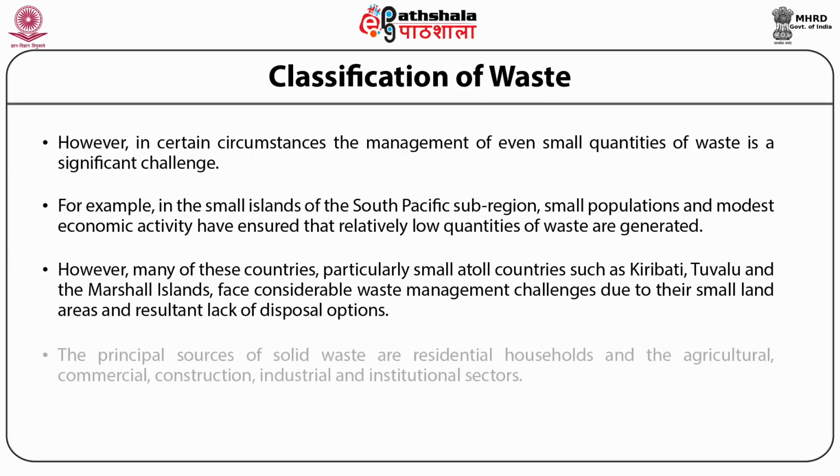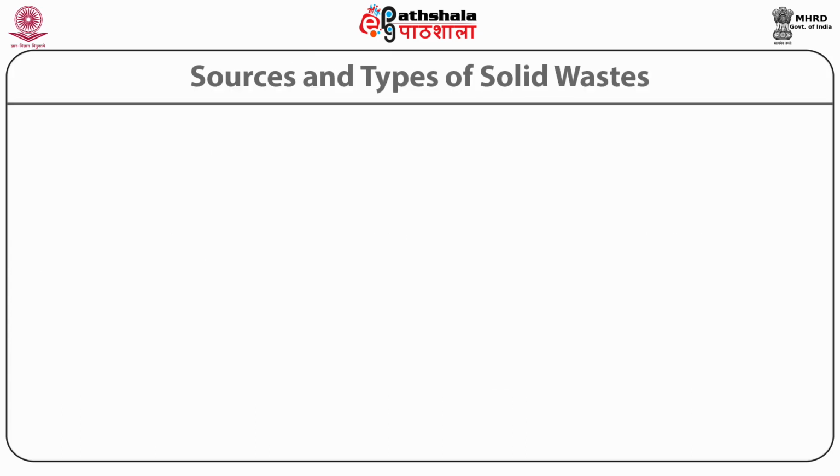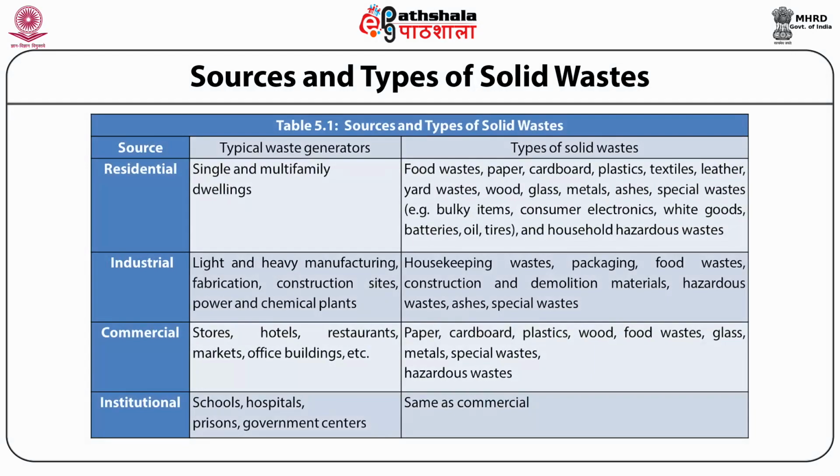Throughout the region, the principal sources of solid waste are residential households and the agriculture, commercial, construction, industrial and institutional sectors. Now let us see these sources one by one. First is the residential source of waste.